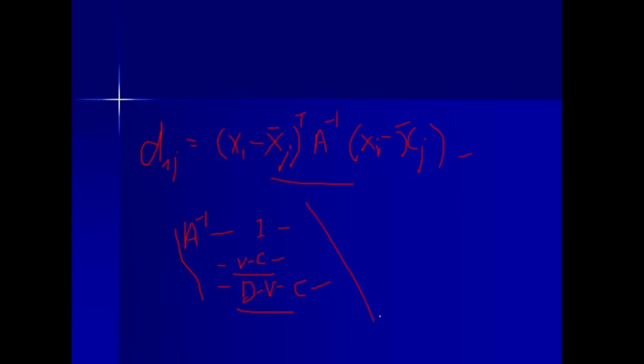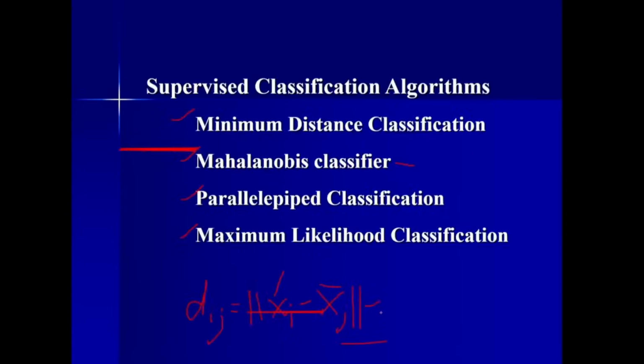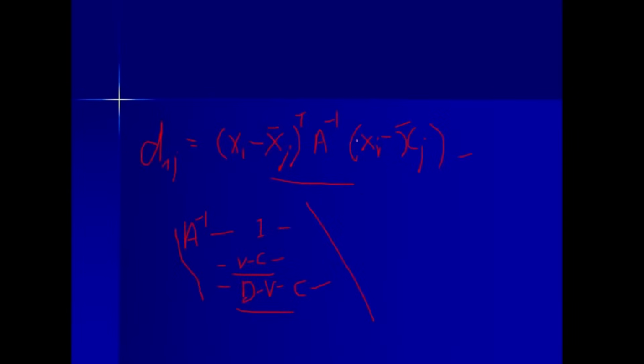So once you are working with the Mahalanobis distance classifier, here also we have to find the minimum distance between the unknown pixel, that is xi, and the mean of a particular class. And here you can see it is using the variance covariance matrix. The variance covariance matrix is a very complex variable. It cannot be assumed or refined in the case of unsupervised classification.